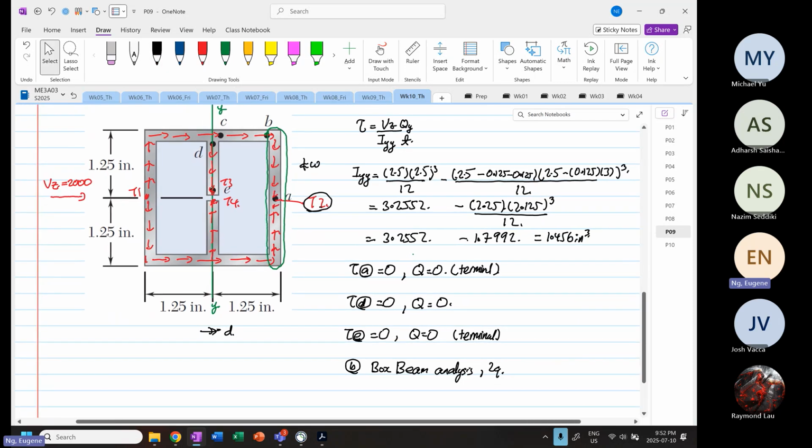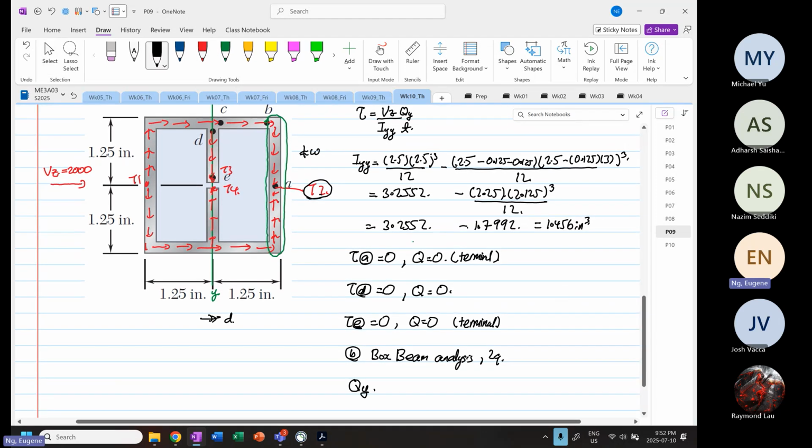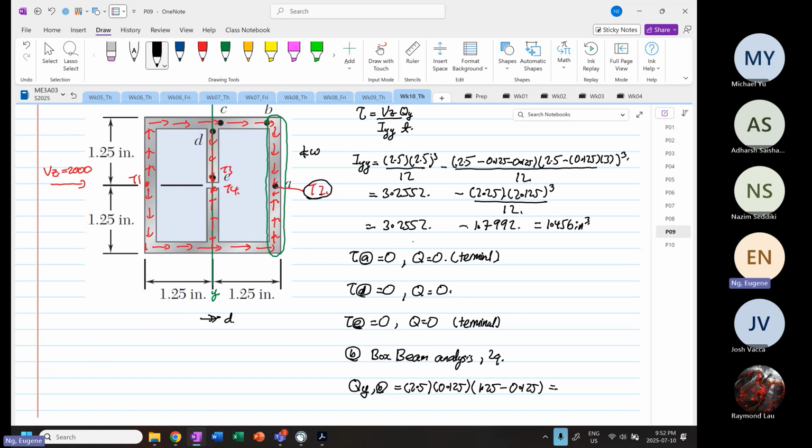The first moment of area about the y-axis at point B: the width is 2.5, the depth is 0.125, and the y bar is 1.25 minus 0.125 divided by 2.